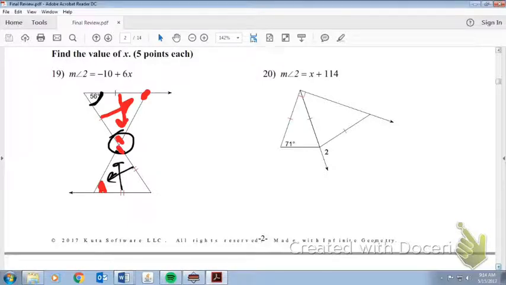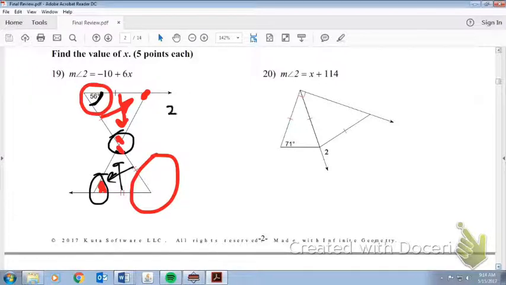So on the top triangle, if two reds and a 56 make 180, then on the bottom triangle, two reds and a 56 also have to equal 180. So when we're solving for the measure of angle 2, we know that angle 2 plus angle 2 plus 56 equals 180.